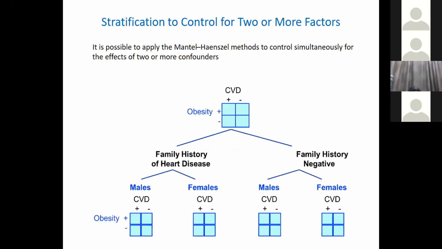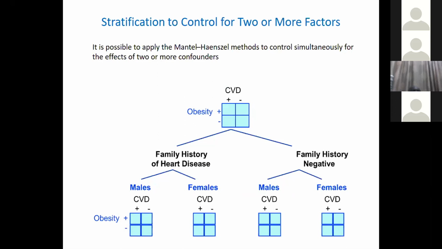Now that's another one. You can have 2. If you remember when we were running it, where I said you see layers. You can have obesity, family history. Maybe apart from obesity, you want to know if there is a family history of the disease. You are looking at 2 confounders at the same time.